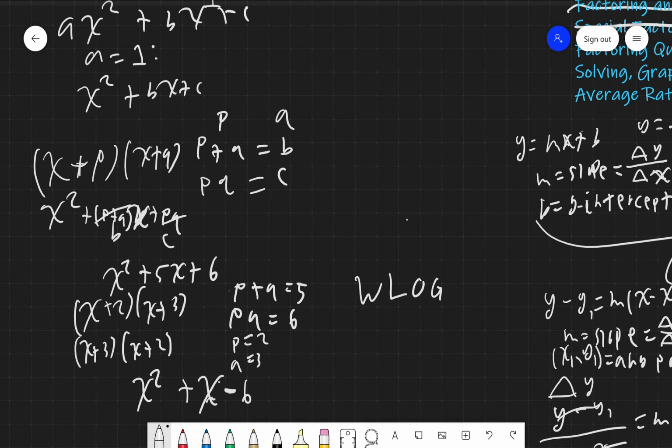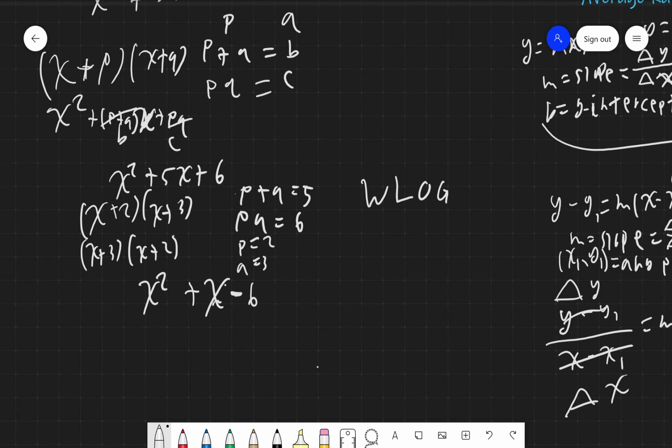Now, how do you solve this? Well, now p plus q equals 1 this time, and pq equals negative 6.